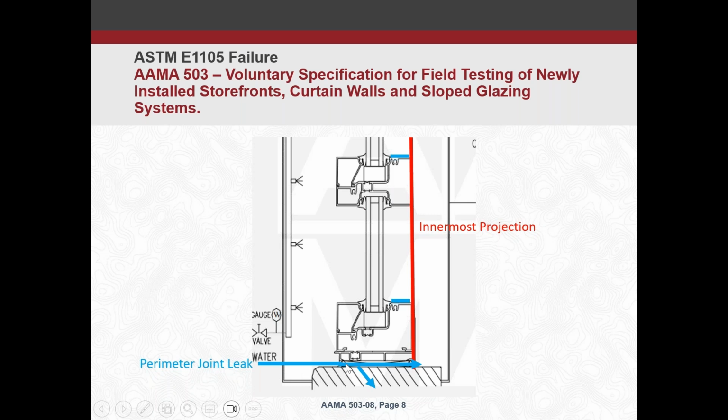A perimeter joint leak on the top, sides, or bottom would be a failure. And these blue lines on top of the horizontal planes would be a failure as long as it's more than half an ounce of water and the water collected does not have a path to move back to the exterior face.